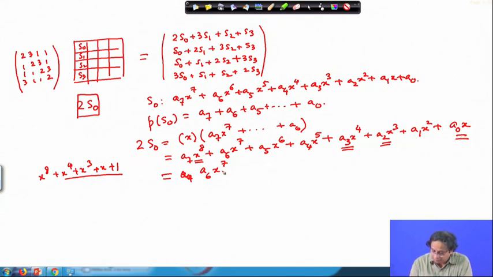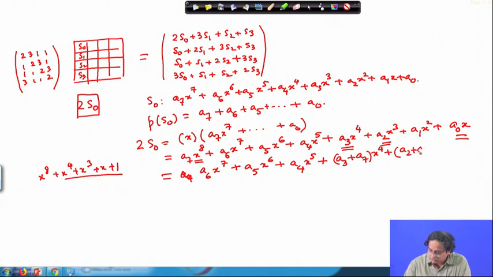So, therefore, I will have A6 x^7 + A5 x^6 + A4 x^5 + (A3 + A7) x^4 + (A2 + A7) x^3 + A1 x^2 + (A0 + A7) x, plus A7, because there is a constant A7.